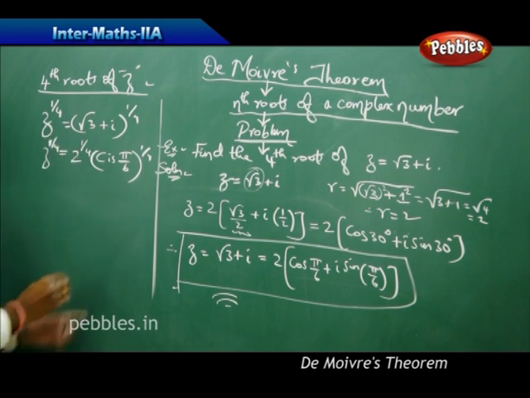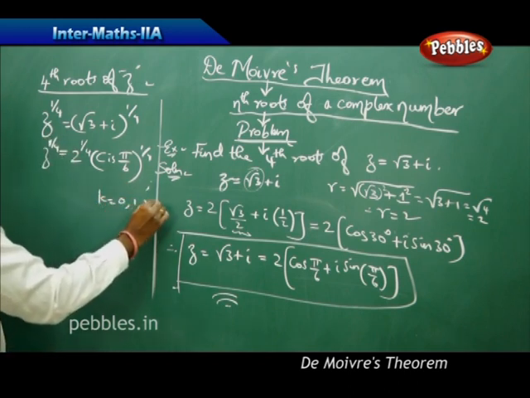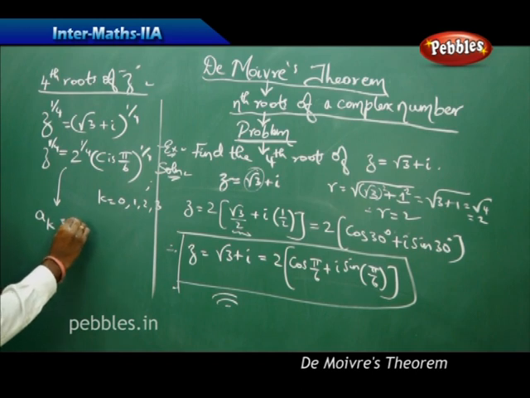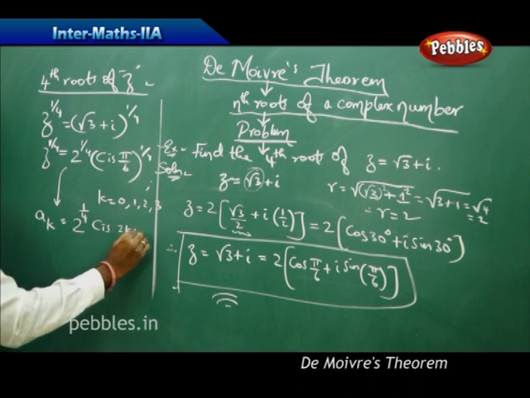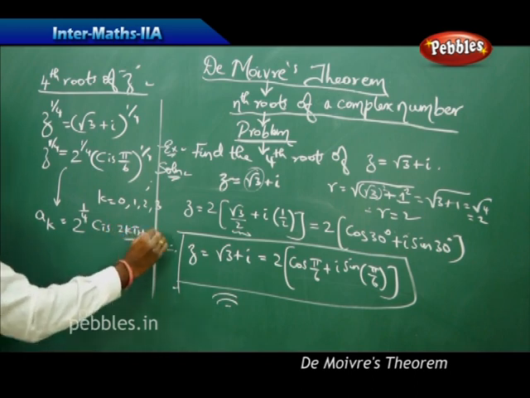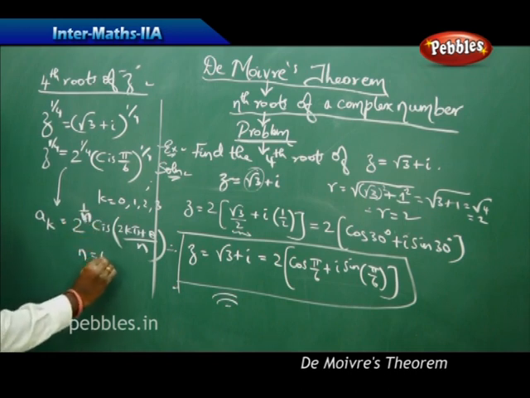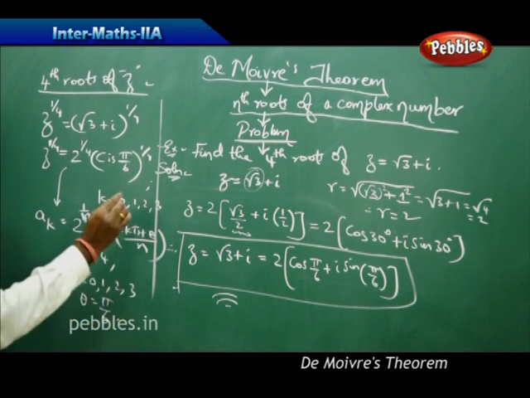So this is the one through which I am going to have k equal to 0, 1, 2, 3, and the roots are given by a_k as 2 power 1 by 4 cis of (2k pi plus theta) by n, which is the formula we have, where n is 4, k is 0, 1, 2, 3, and theta is pi by 6.